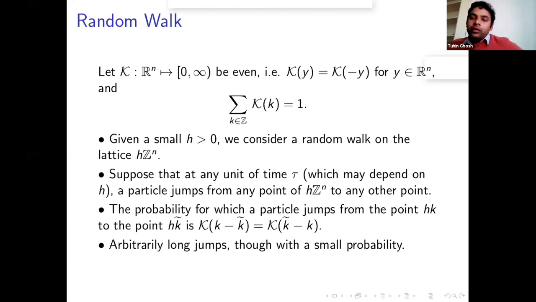Now you can also see that I'm allowed to jump from any point to anywhere. The whole Z^n is kind of my territory. I can jump, but as the total sum is 1, whatever the longest jump I make, a very small probability is going to be assigned to that.